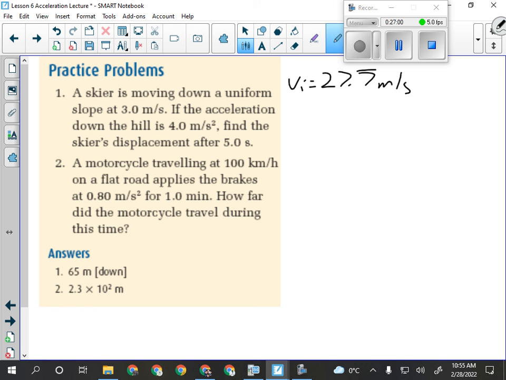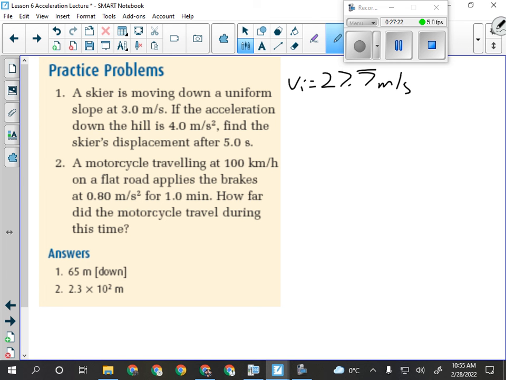And it applies the brakes. That's a trick here. It applies the brakes at 0.8 meters per second squared. What do I have to remember about that 0.8? Because it's being supplied by brakes, which way is it? Backwards.